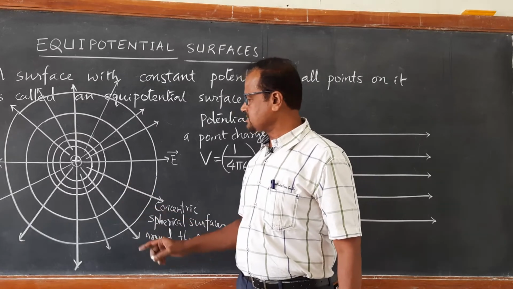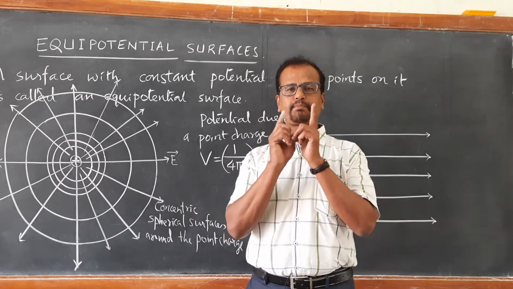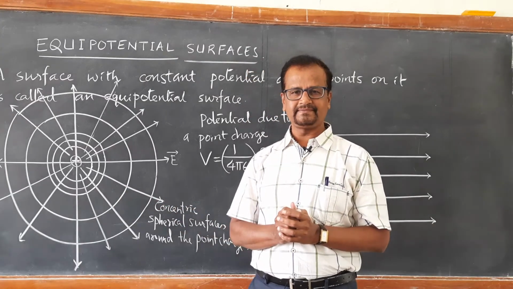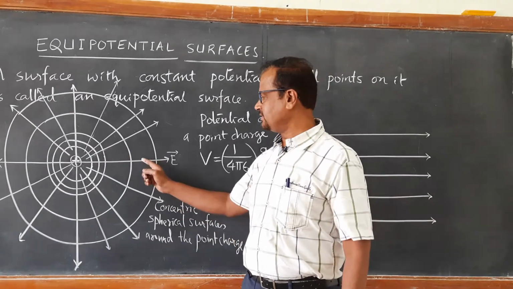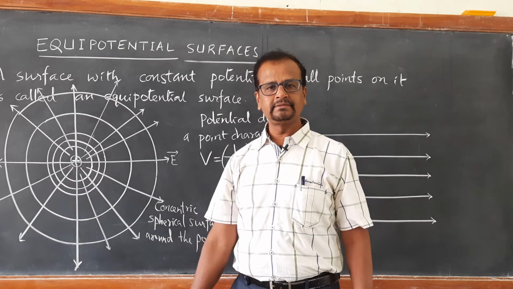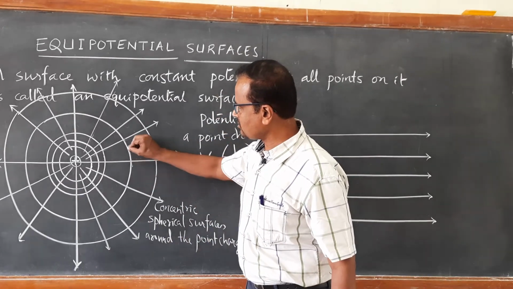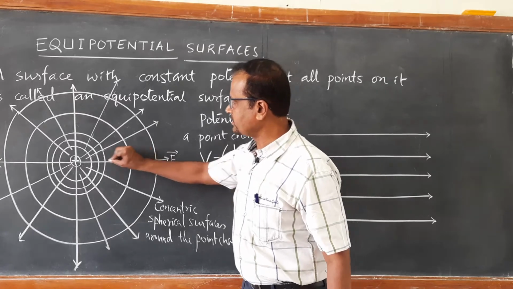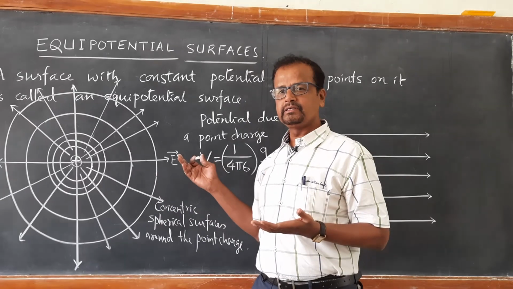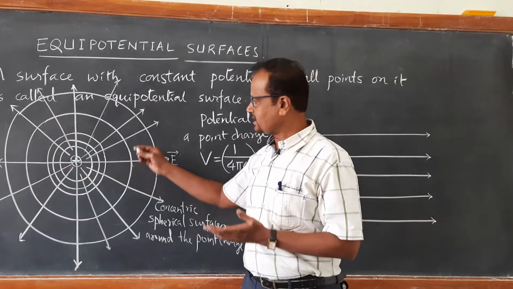So, it represents that at every point on the equipotential surface, the electric field is perpendicular to the equipotential surface, right? The electric field is always perpendicular at any point on the equipotential surface. If you draw a tangent here, the tangent drawn on the surface is always perpendicular to the radius. So, we got the radial electric field lines radially outwards. Therefore, the radius is always perpendicular to the tangent at every point.